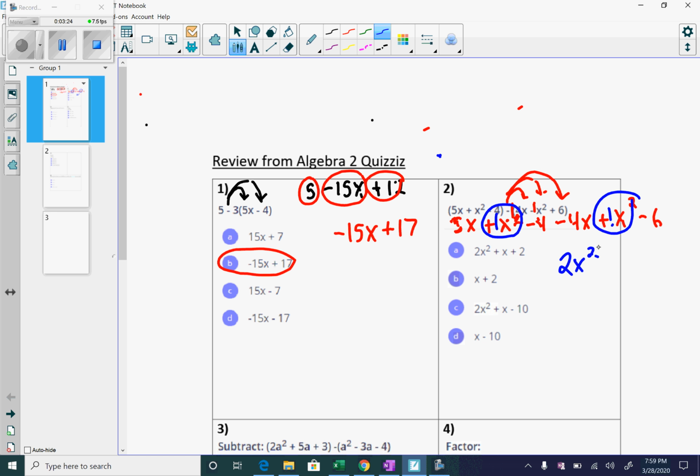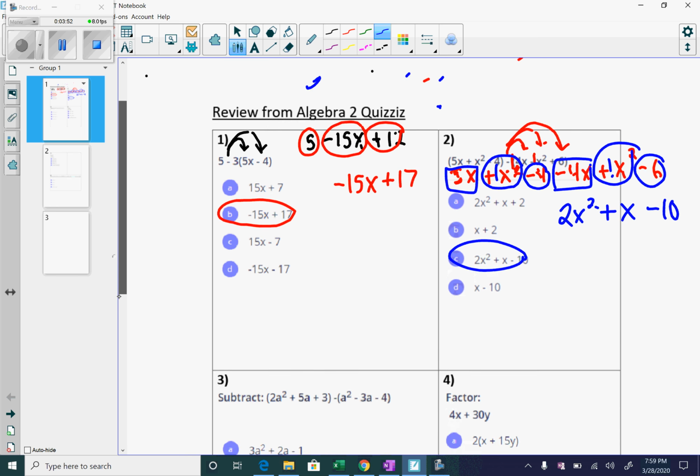And then I'm going to combine my x term, +5x, and -4x. 5 plus -4, or 5 minus 4, gives me +1x, or just +x. And then -4 plus -6 gives me -10. And so my answer is choice C.